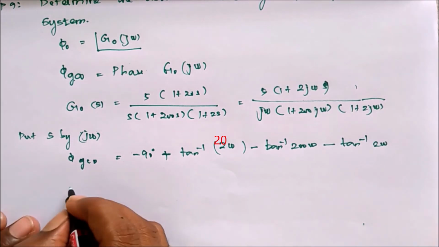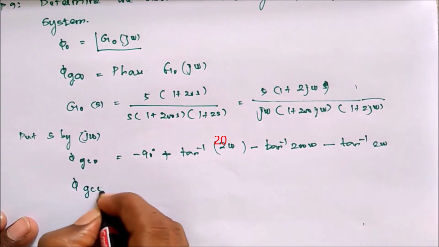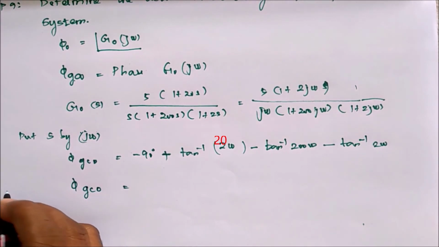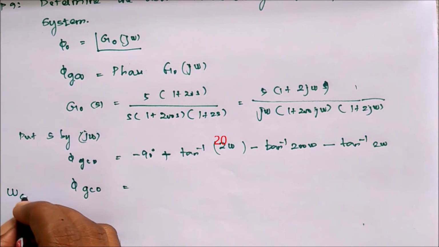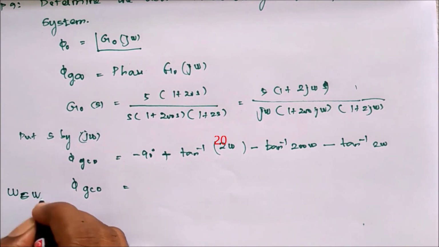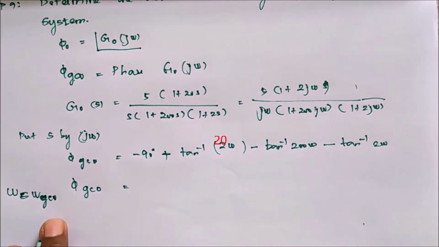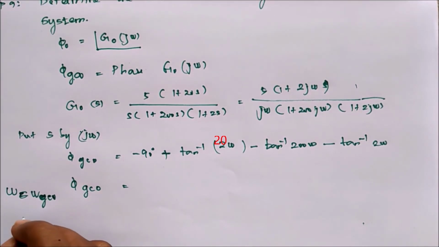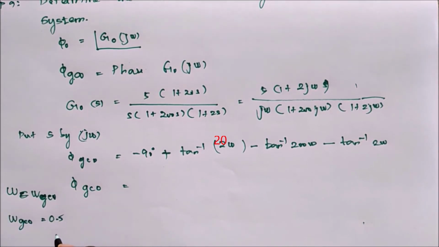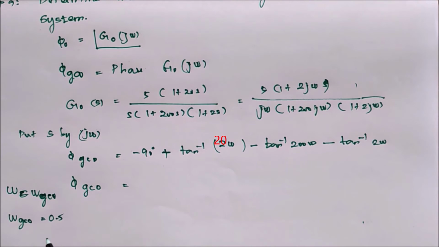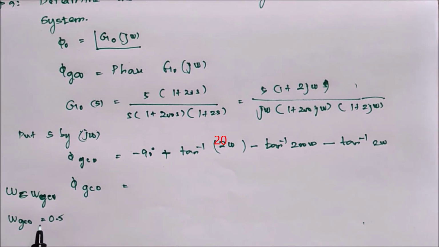Now from this, if we want phi gc, we have to substitute omega equal to omega gc 0. We know omega gc 0 is 0.5. It is nothing but the new gain crossover frequency, 0.5.